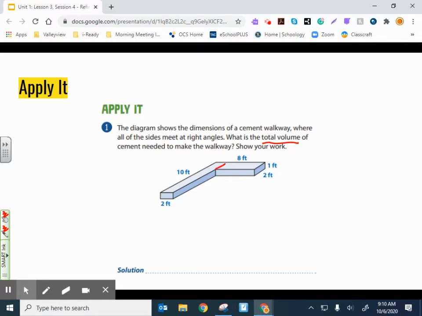I'm going to draw a line right here, and I'm going to make my left side red. That means my right side will be in blue, just to show the difference between the two. Okay, these are tricky and challenging, but I know you guys can do it. So here's what we know. We know 10 and 2.